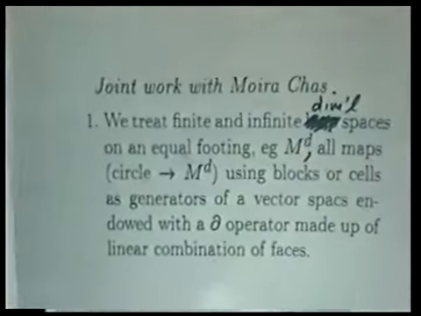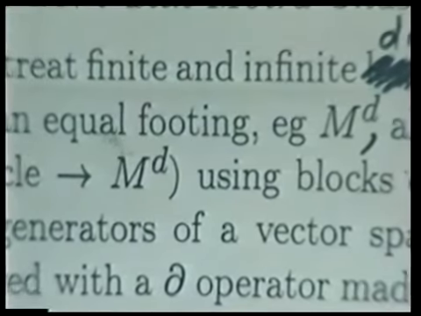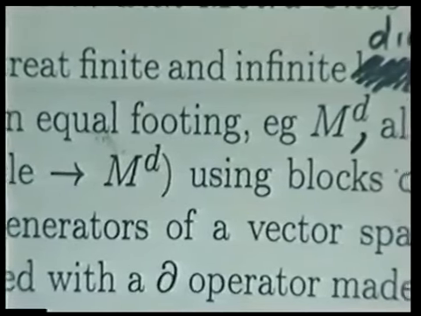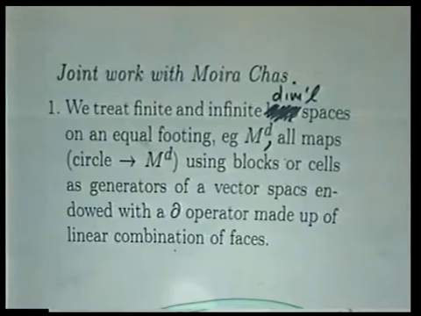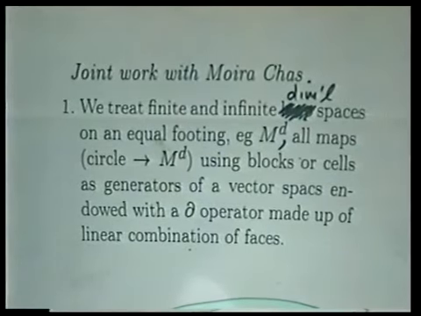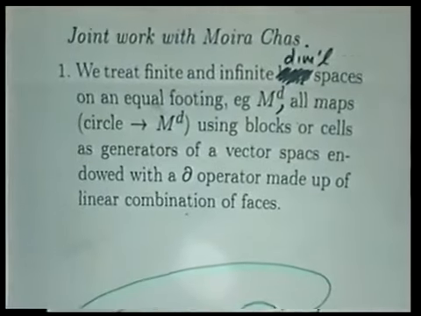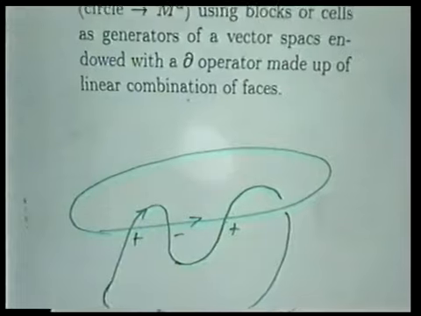First, there's a little bit of philosophy here at the beginning. The idea is that we're going to use the method of algebraic topology to treat spaces, and finite dimensional and infinite dimensional spaces are treated on an equal footing.